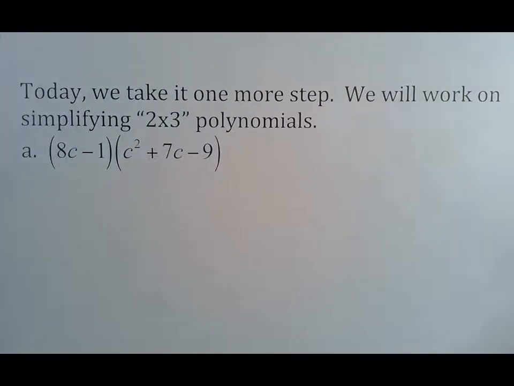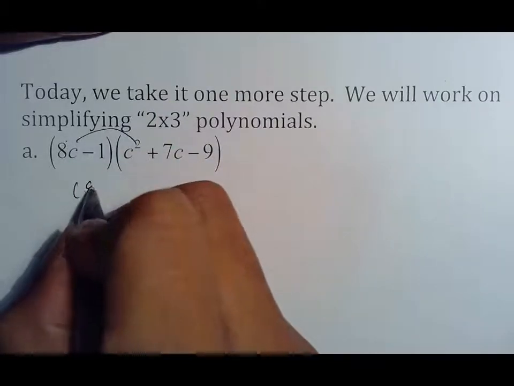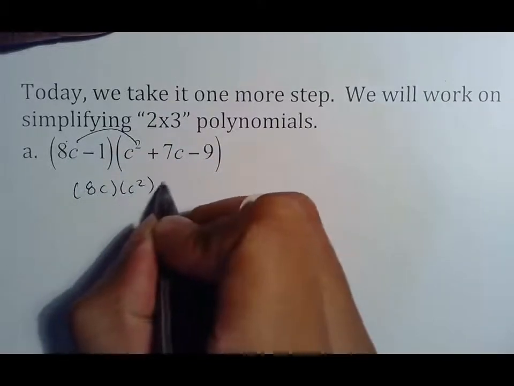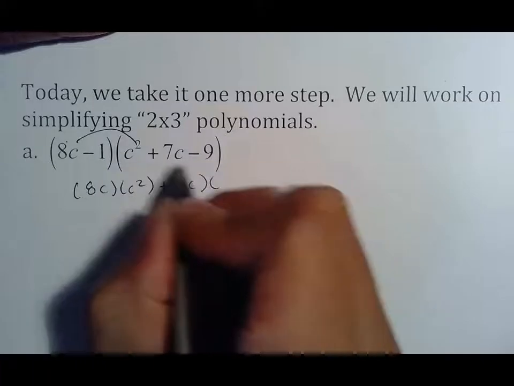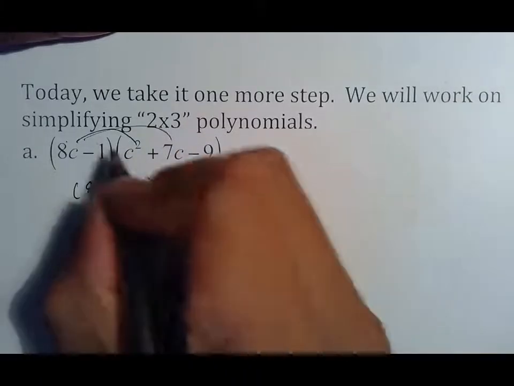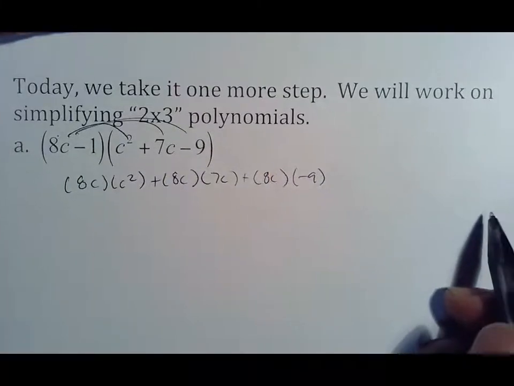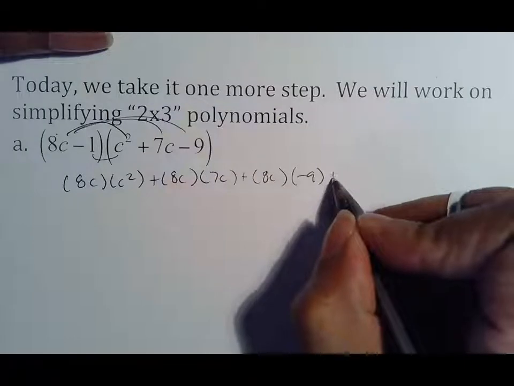So just keep the pattern that we've had. 8C should meet all 3 people. So 8C meets C squared, and 8C meets 7C, and 8C meets negative 9. 8C is going to meet everybody, then negative 1 is going to meet everybody.